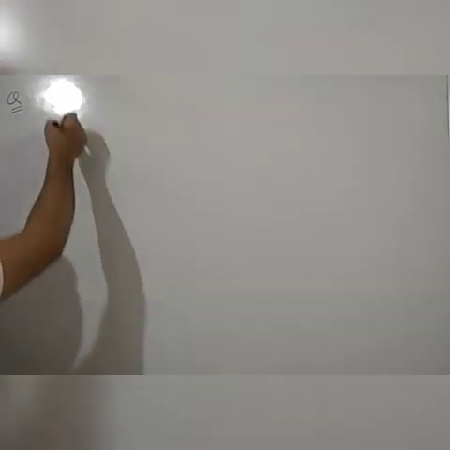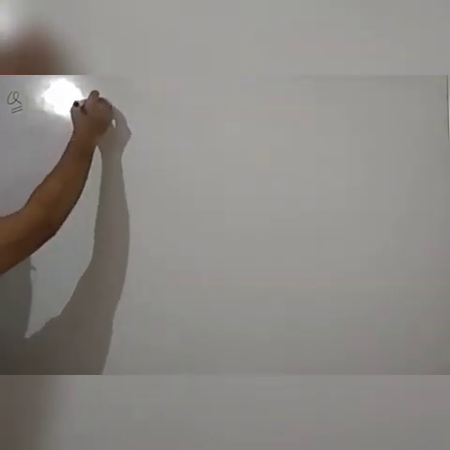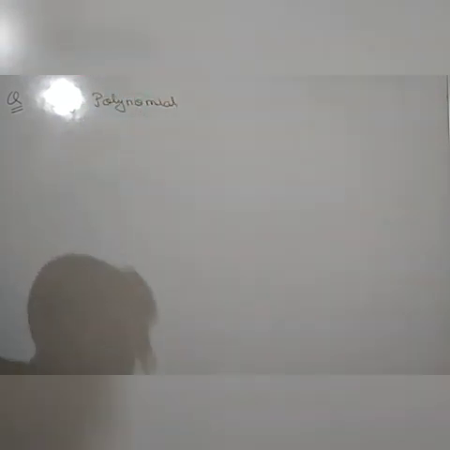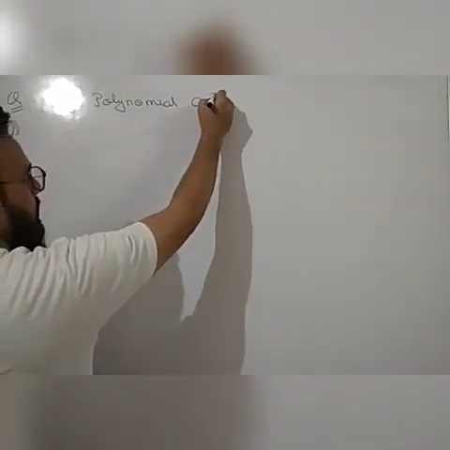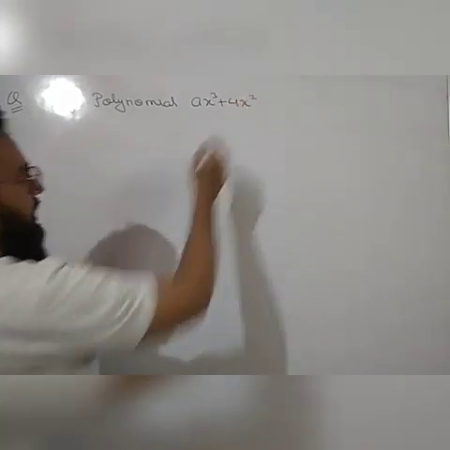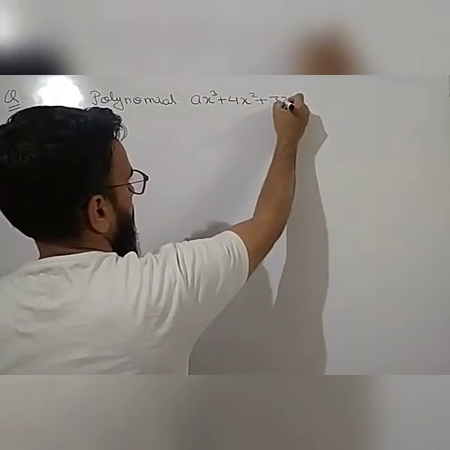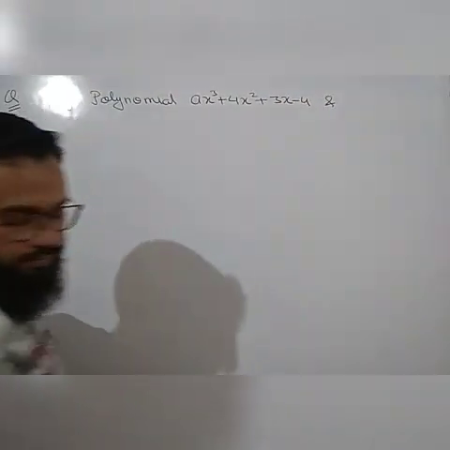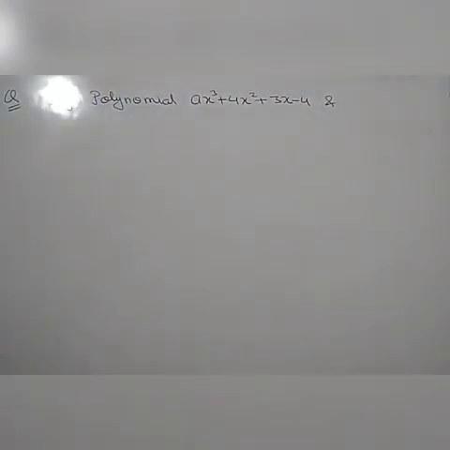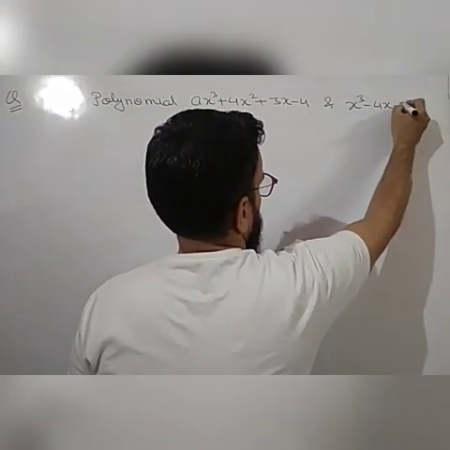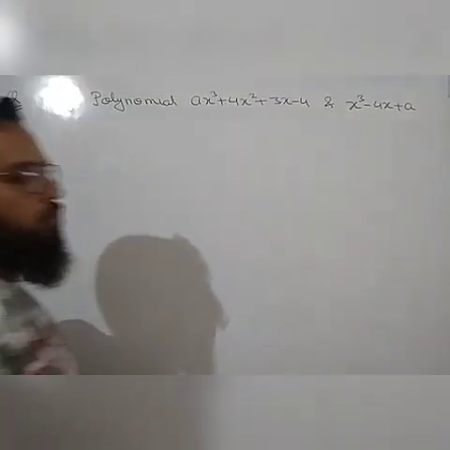Question is, if the polynomial ax cube plus 4x square plus 3x minus 4, and another polynomial x cube minus 4x plus a, these are the two polynomials.